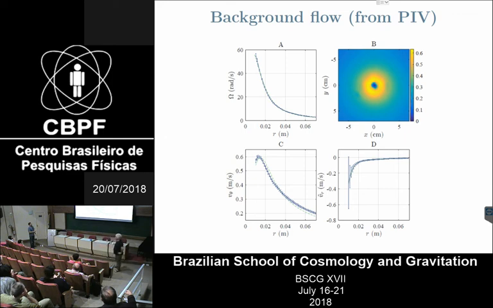If you have an ideal vortex, this behaves as 1 over r. So it goes infinitely down here, and since the velocity is becoming infinite, then your wave speed is going to be definitely smaller than this. So your modes are going to be trapped inside the vortex.